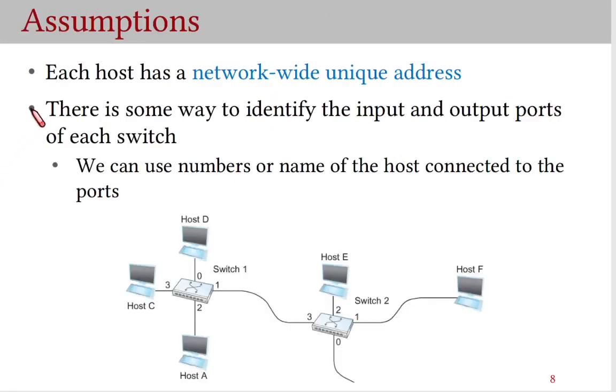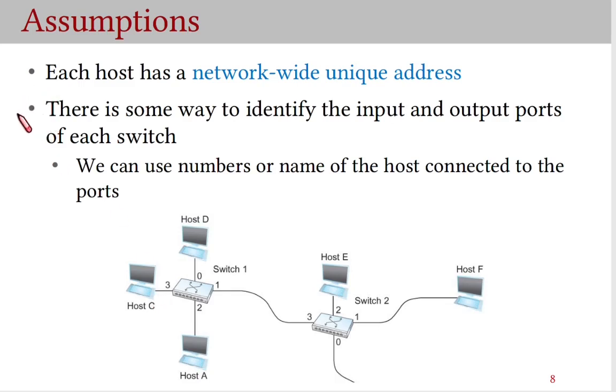We are going to make two assumptions. The first is that each host has a network-wide unique address. We have seen one such example, which was the Ethernet MAC address. However, it could be any other addressing scheme. All we require is that every host has a unique address. And we are just going to denote the addresses by letters like A, B, C, D, and so on.